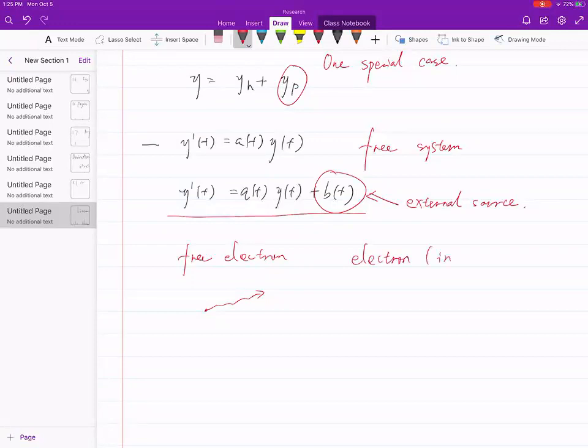Say it's in an electric field. Then the whole thing becomes non-homogeneous. And the only part which is in addition is just this external electric field. Sometimes it's an external force. Sometimes it's an external potential or energy.